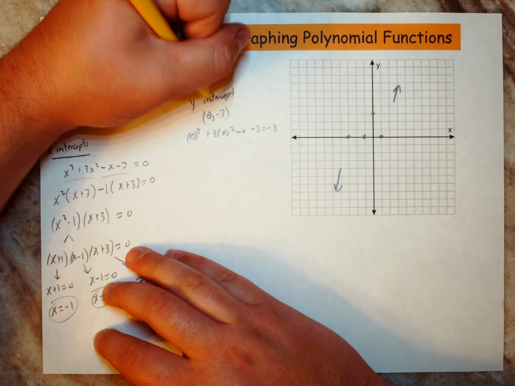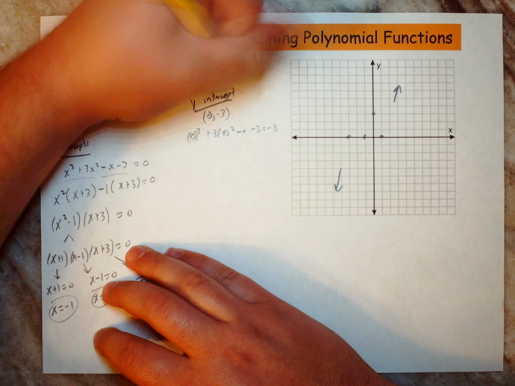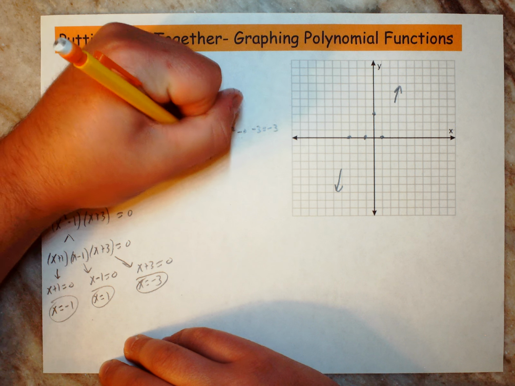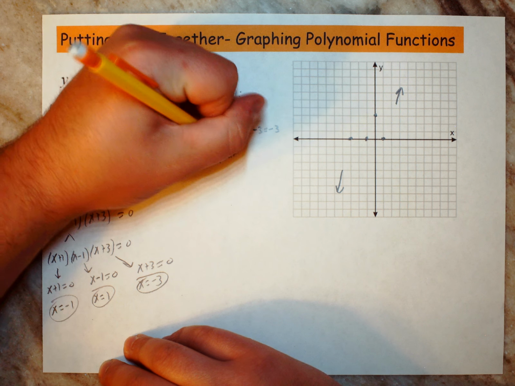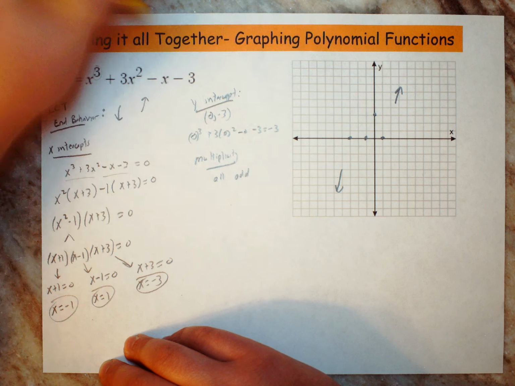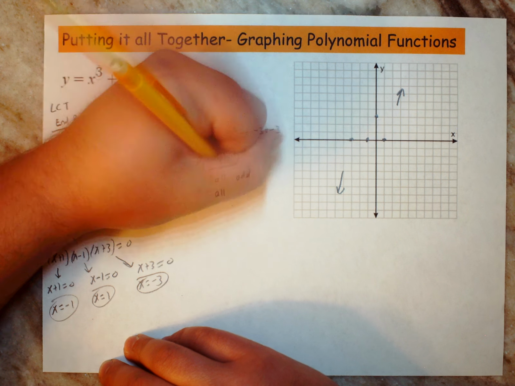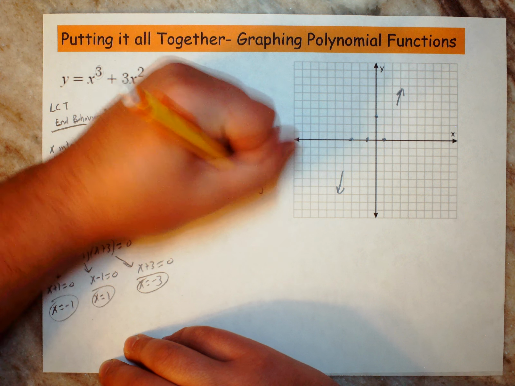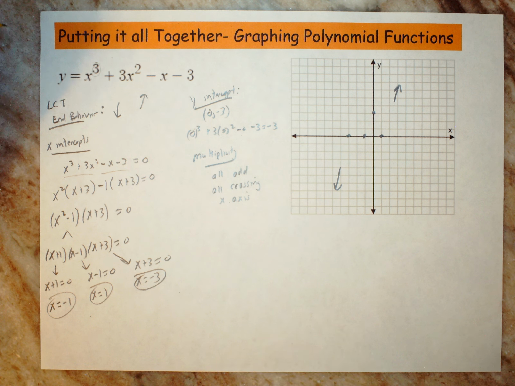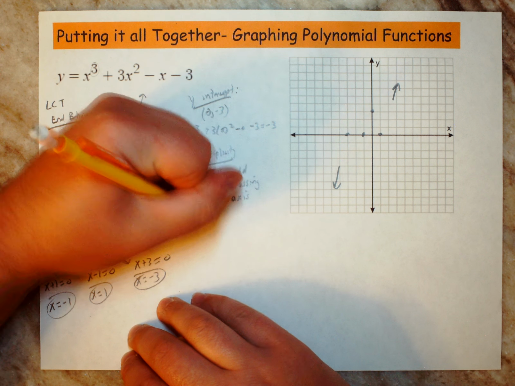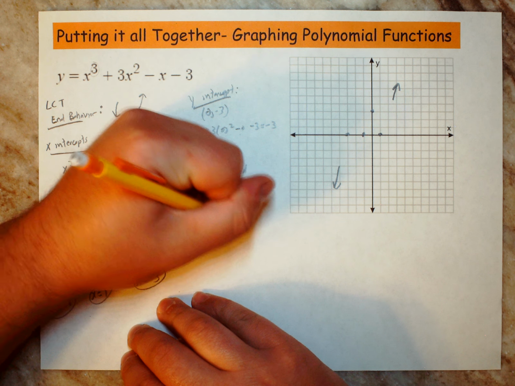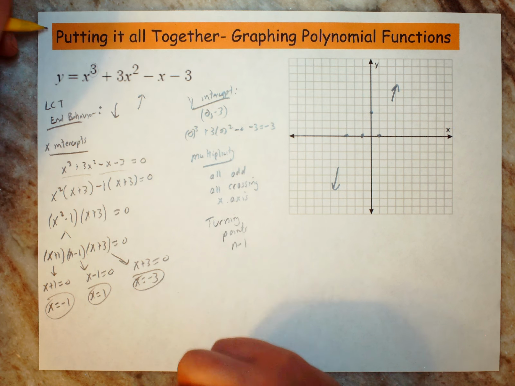Let's check our multiplicity. Multiplicity is going to be all odd. So all crossing the x axis. And then our turning points is n-1.